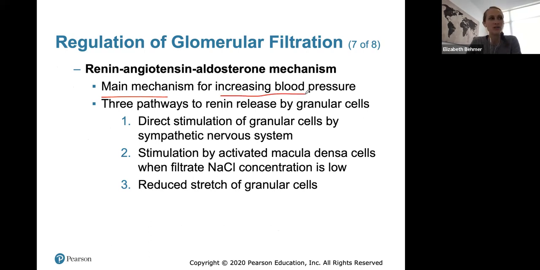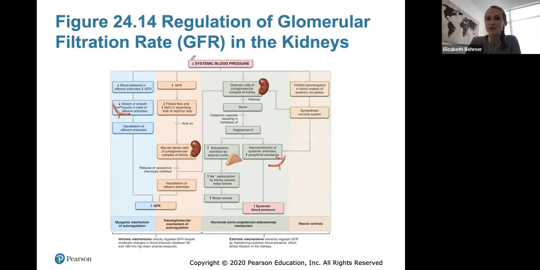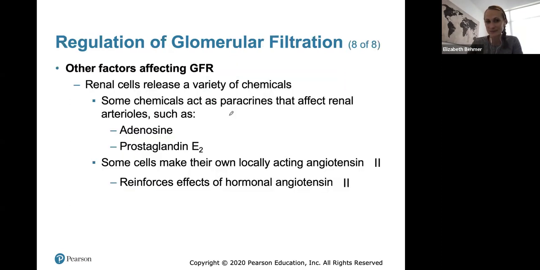If you go to the hormone talk, you'll learn a little bit about it. It has a direct stimulation of the granular cells by the sympathetic nervous system, stimulation activated by the macula densa cells, and there's reduced stretch of the granular cells. So any decrease in systemic blood pressure will put this system into gear to try to increase systemic blood pressure again.